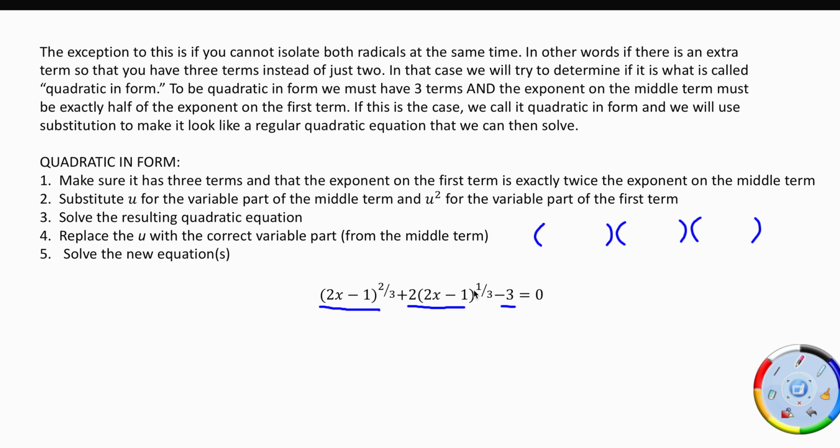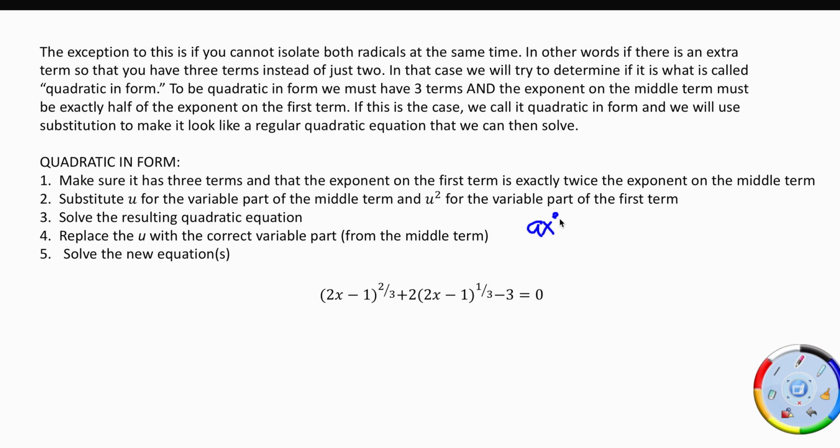If you can double the exponent in the middle, and it's what's sitting right there, like 1/3 doubled is 2/3, then it's called quadratic in form. If it's called quadratic in form, we have a special way we can solve that. But make sure, first of all, that it is actually quadratic in form.